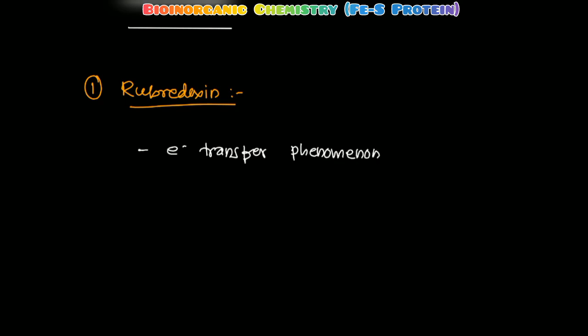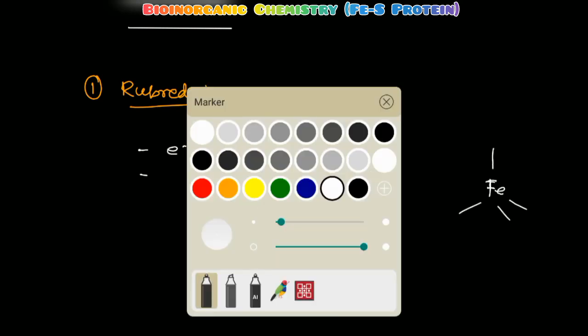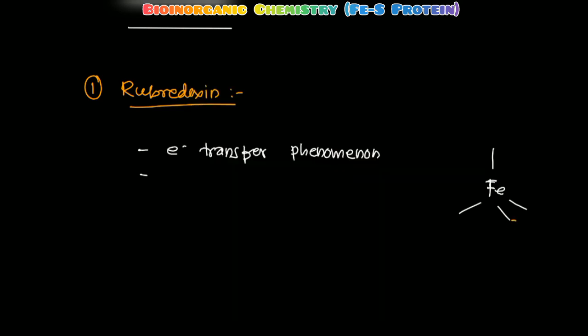It is also a kind of iron sulfur protein, and it has tetrahedral geometry. Now look at the structure of the iron in rubredoxin. This is the tetrahedral arrangement, and these are the sulfur atoms from the cysteine residues of the amino acid.